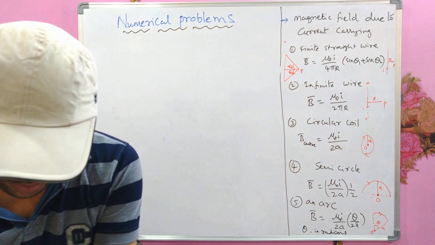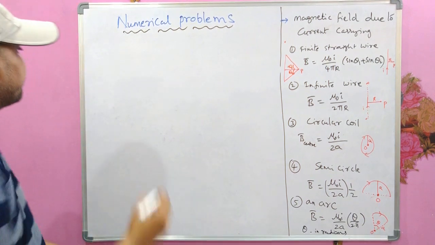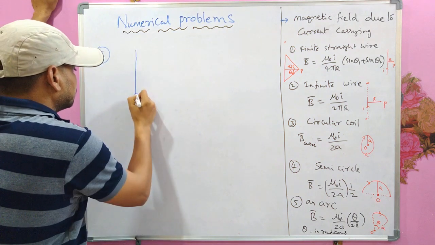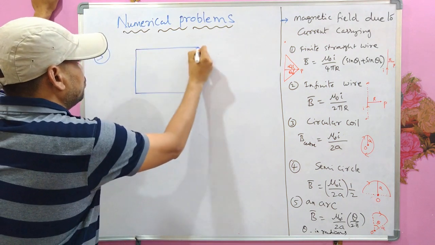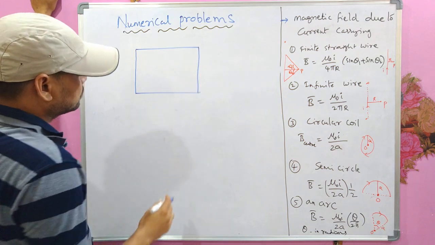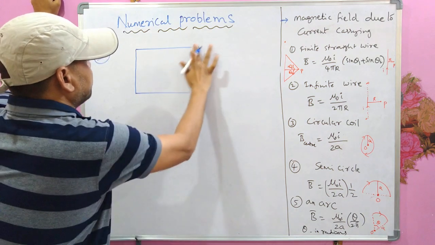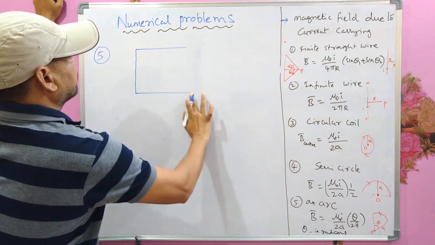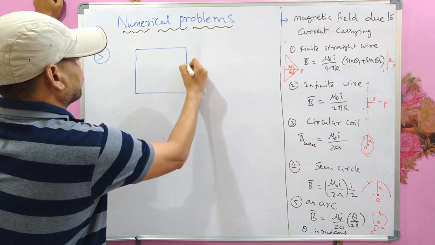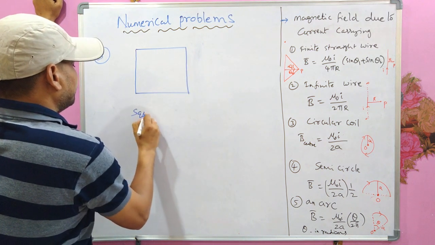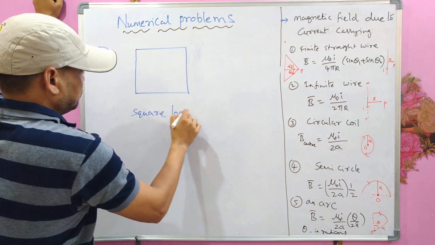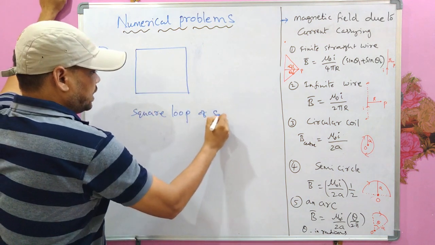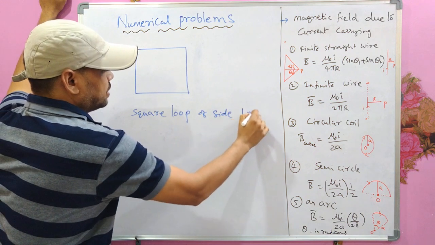Now we will see the next problem, number 5. Take a square-shaped current carrying loop. Imagine it is a square loop of side, let me take, 1 meter.